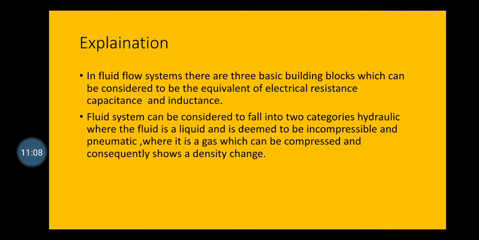Fluid systems can be considered to fall into two categories: hydraulic, where the fluid is a liquid and is deemed to be incompressible, and pneumatic, where it is a gas which can be compressed and consequently shows a density change.